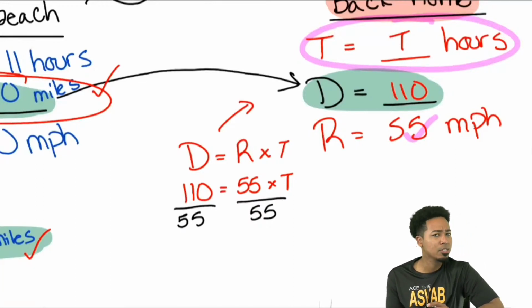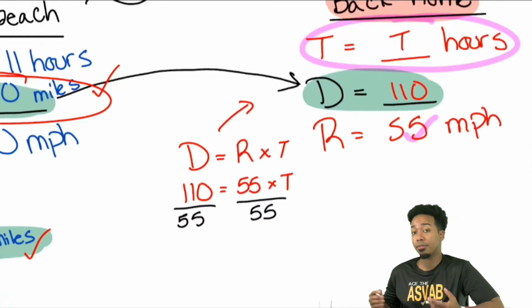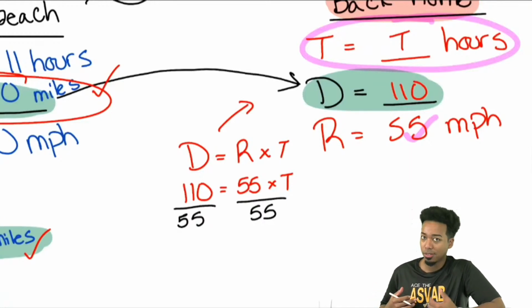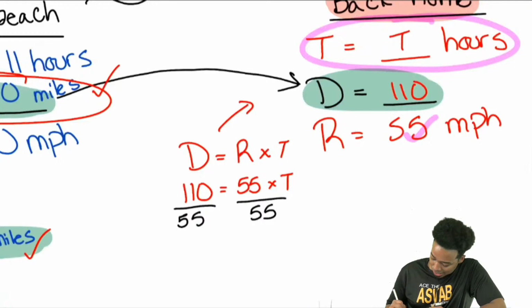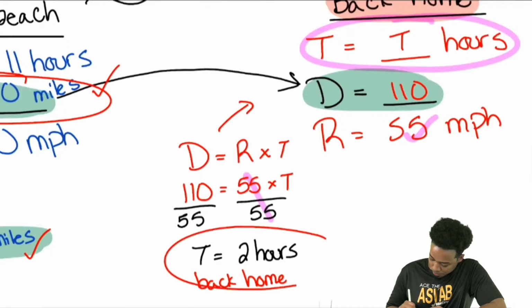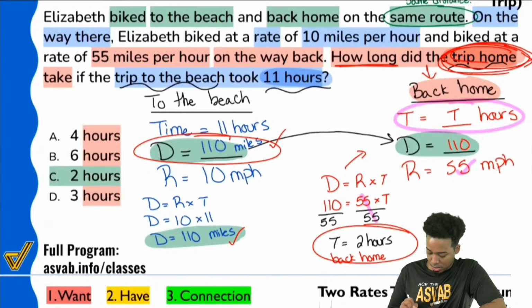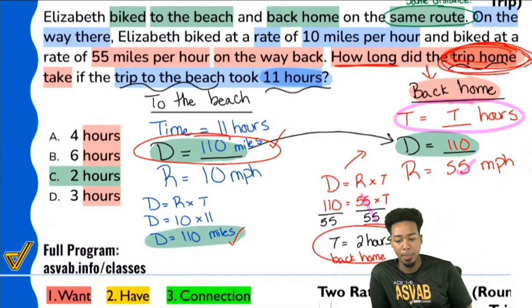How many times does 55 fit into 110? That's going to be a clean 2 times. 55 times 2: 50 times 2 is 100, 5 times 2 is 10, 110. That's a clean 2 times. And that'll be t equals 2 hours. And this is, again, back home. And that's why over here, the correct answer is C, 2 hours.